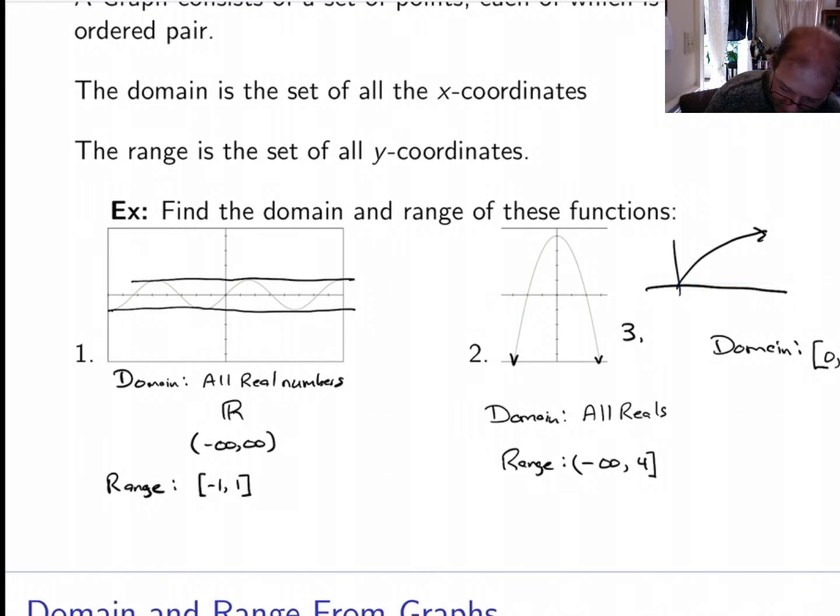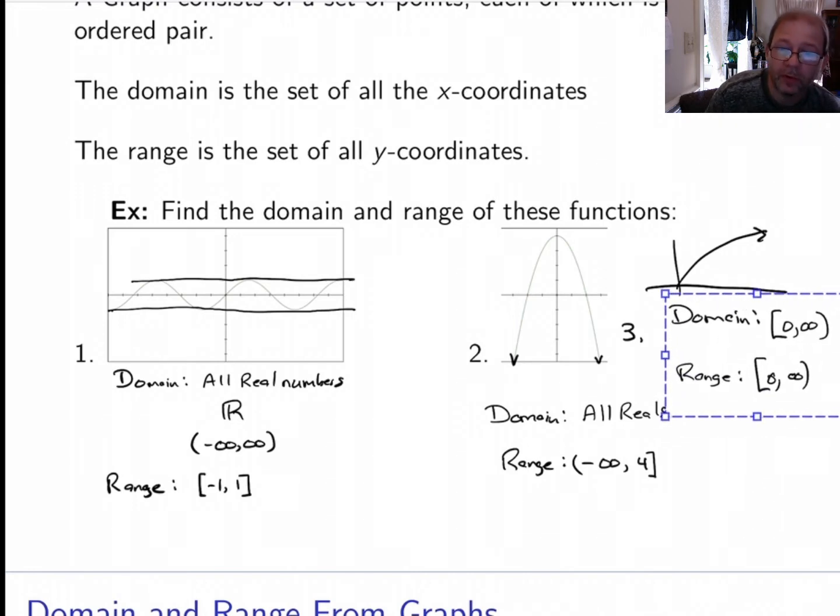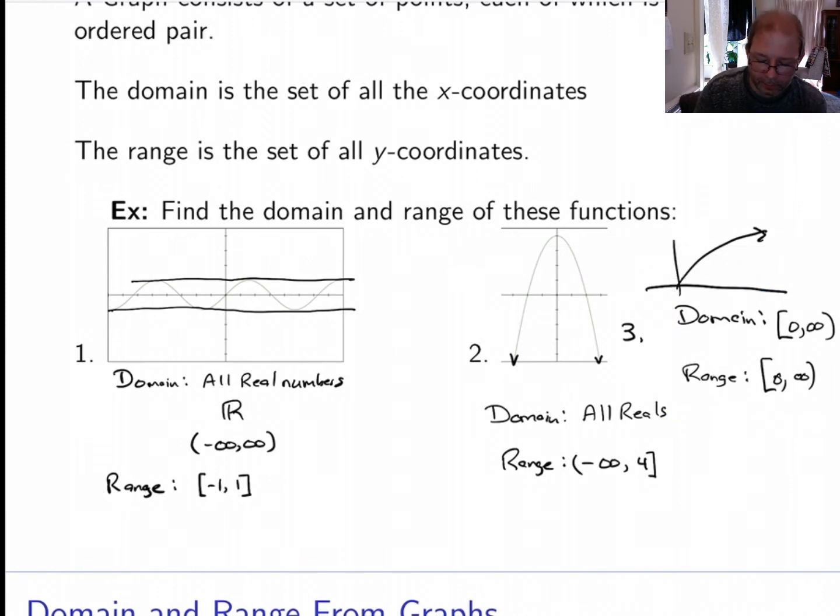Now the y values, we get everything from 0 up, it goes up forever. So our range here is also going to be 0 to infinity. Let me slide those in so they're visible. All right.